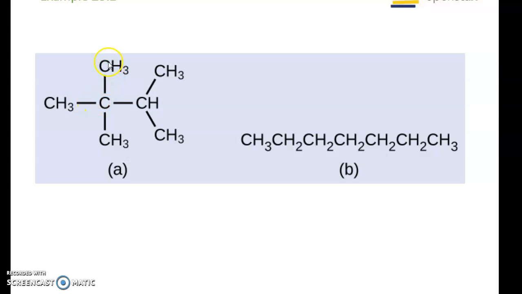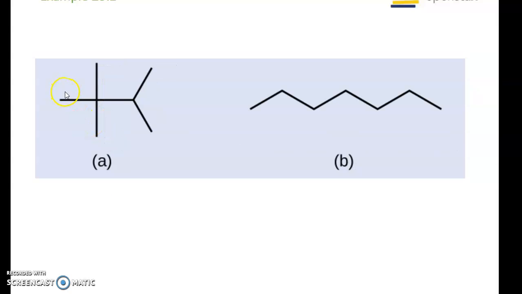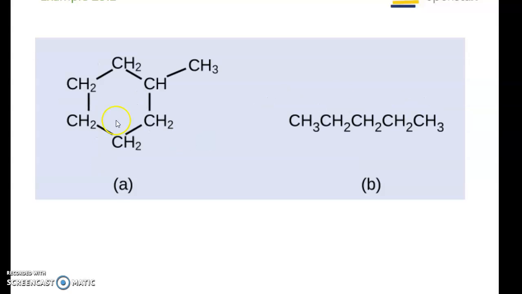So it would be 2 dimethyl, 3 methyl butane. Or you could have 2, 2, 3 trimethyl butane would be a way of naming that. 2, 2, both of these are on the second carbon. Okay. I guess here they just want to show how much simpler it would be to look at these 2 different ones. Well, I guess we'll get to the naming later on, but just keep that in mind.